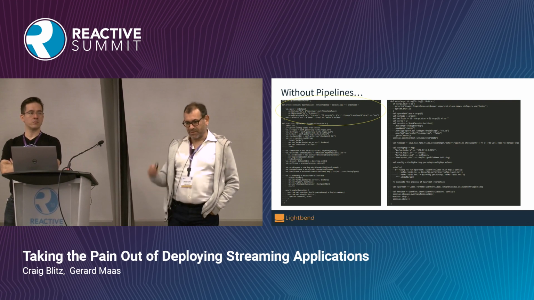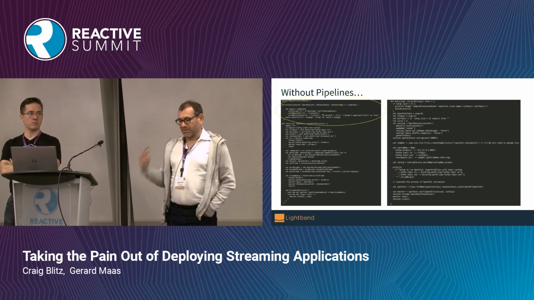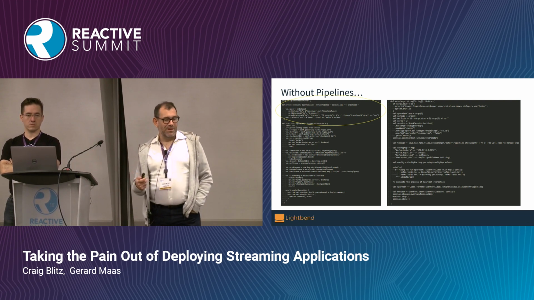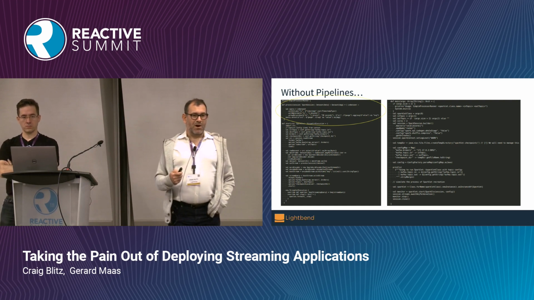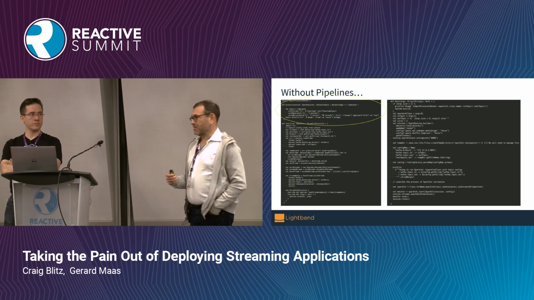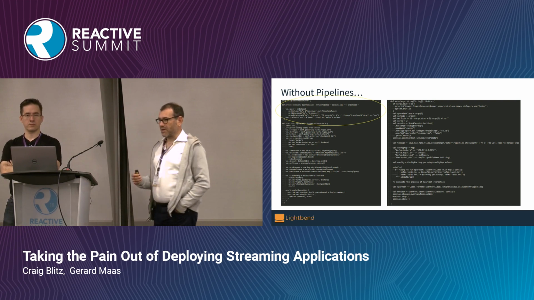What is the rest doing? It's setting up serialization. It's configuring your Kafka topics. It's managing Spark itself. All of this is stuff that a developer shouldn't have to worry about and makes your code somewhat brittle, or really brittle if you have to manage a lot of these.